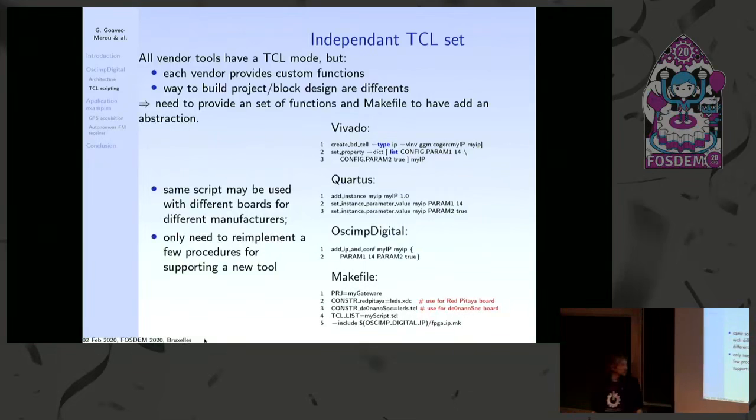So we have added our own procedures and some makefiles to generate the design. This procedure is implemented in the Vivado context and in the Quartus context. If you want to add a new vendor tool, you just need to fill in this procedure to be able to build the design for a new platform with a new tool.